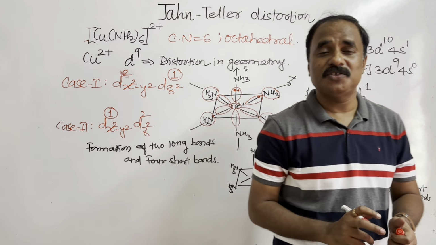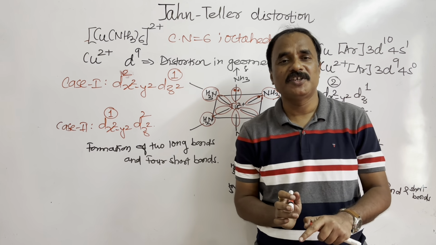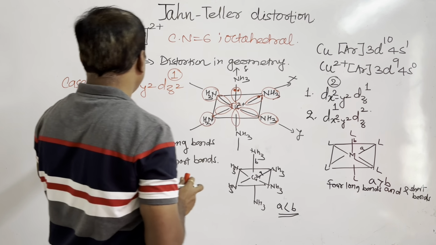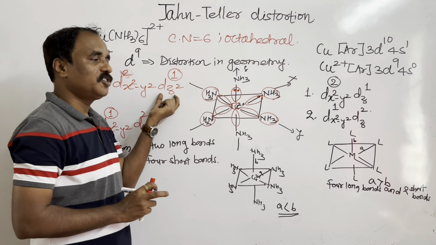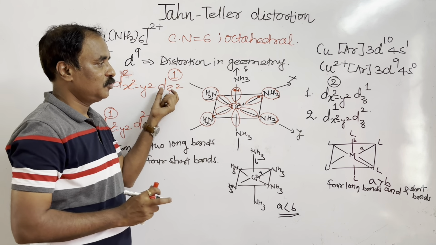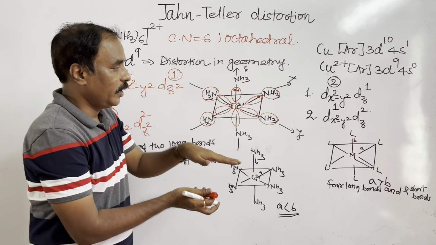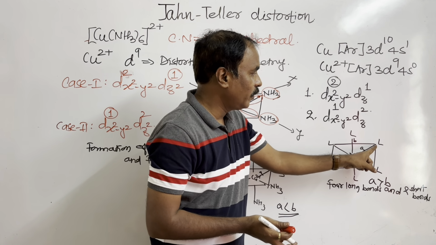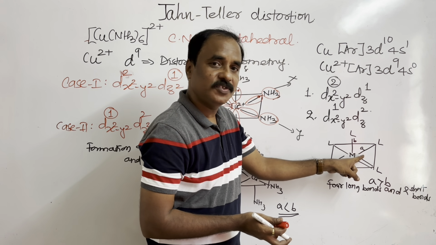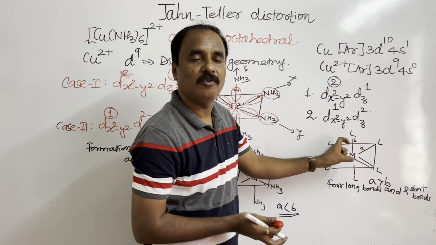So what is the conclusion? Unsymmetrical electronic configuration is responsible for this tetragonal compression or elongation. In case number 1, when the unpaired electron is present in dz square, there is a compression and formation of 4 equatorial long bonds and 2 axial short bonds.